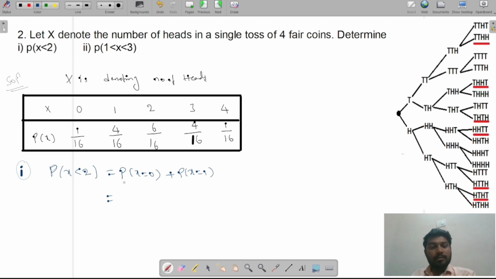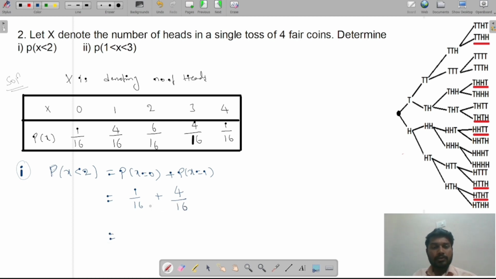Now what is the probability at x equal to 0 in the table? See, 1 by 16 is the probability, right? So I can write here 1 by 16, plus at x equal to 1, what is the probability I'm having? 4 by 16.